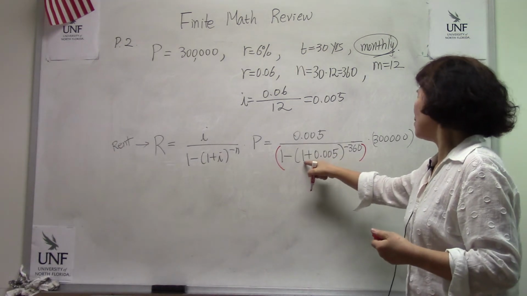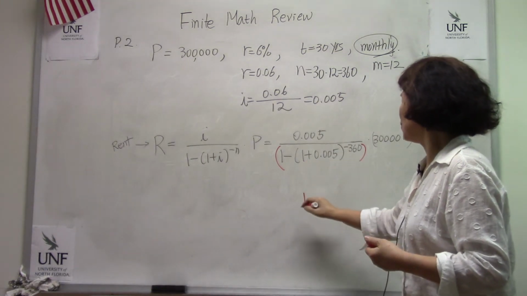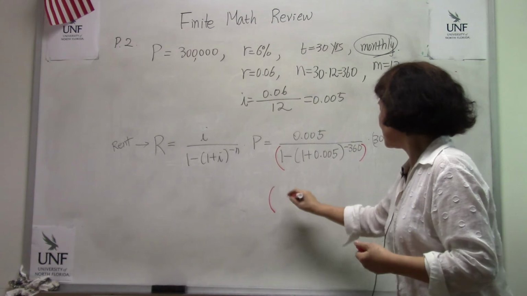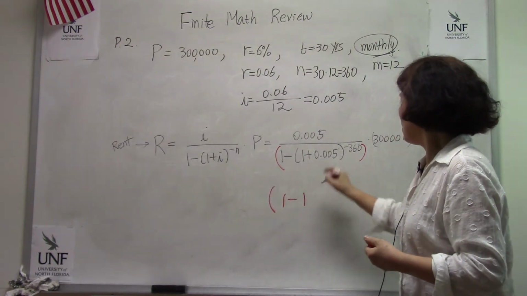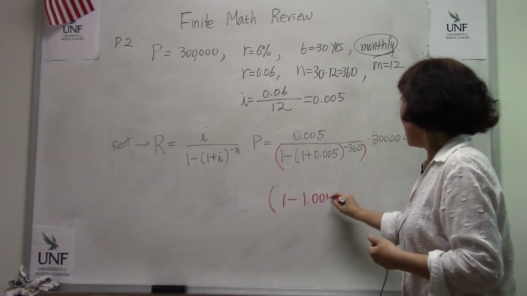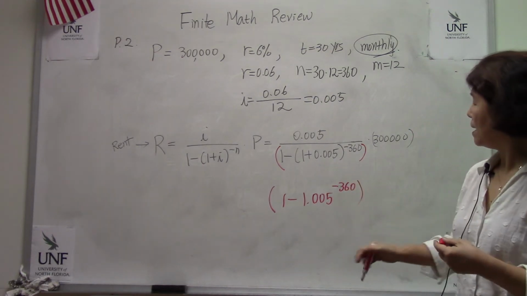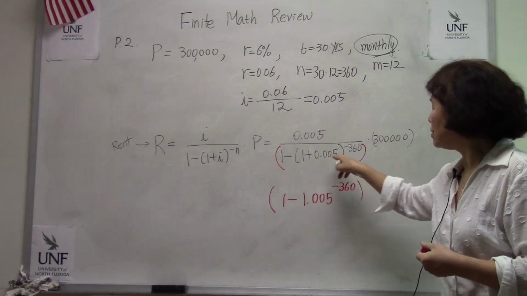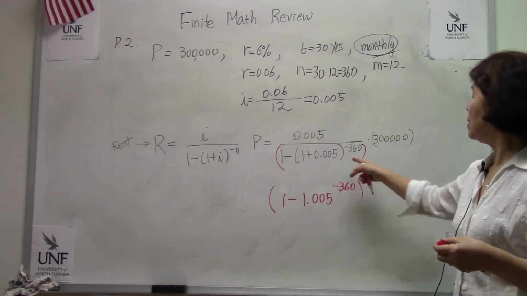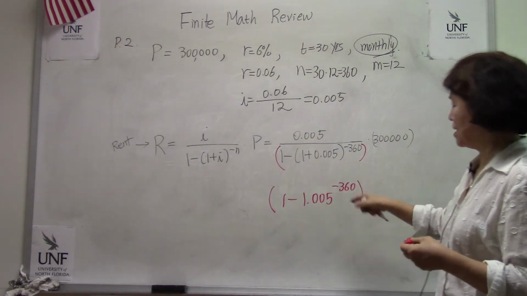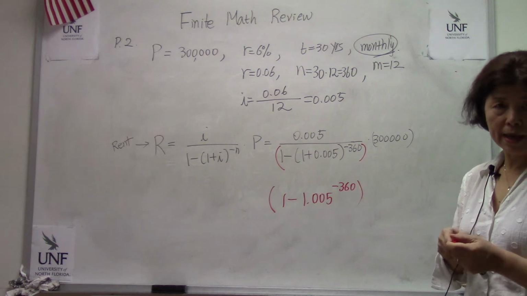And over here, you can do this one in your head. So it's going to be a parenthesis, 1 minus 1.005 to the negative 360 power. By doing it this way, you don't need two parentheses. Just one parenthesis will be okay for this.